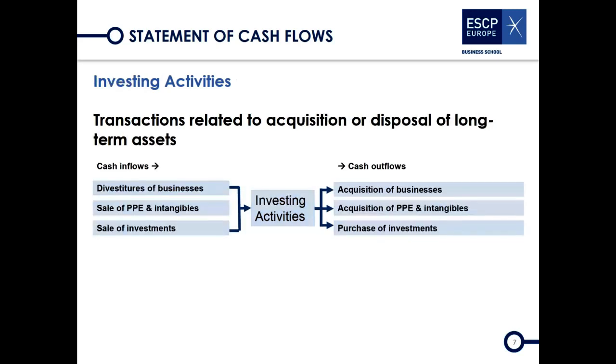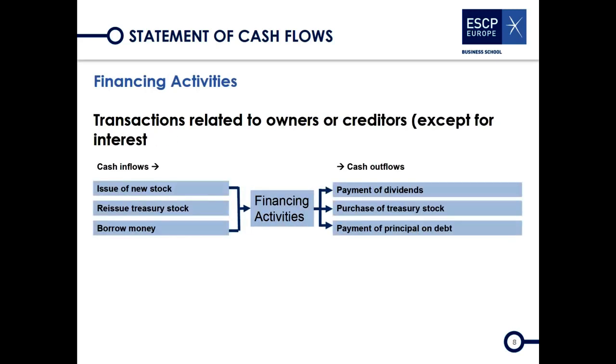It's not an expense, the issuance of new shares. It's a transaction with the shareholders. So it is not recorded in the income statement. You increase your common stock and you increase cash, and so only the balance sheet is affected.